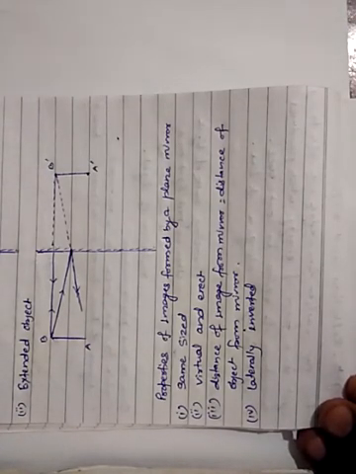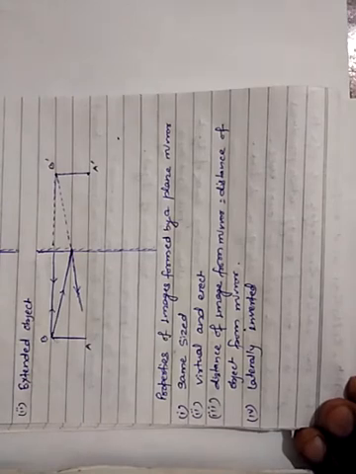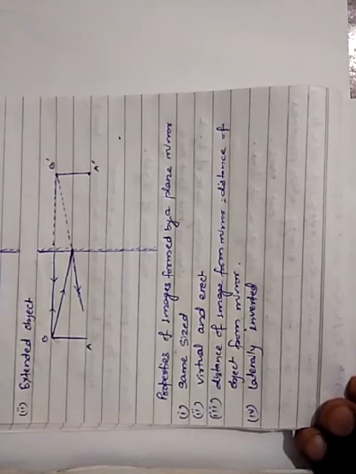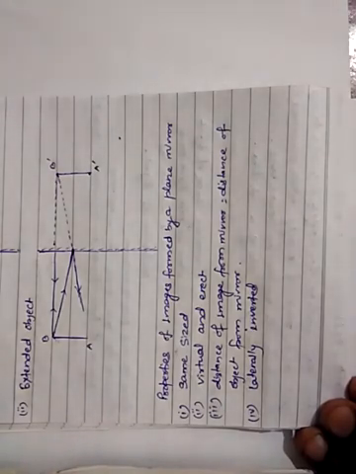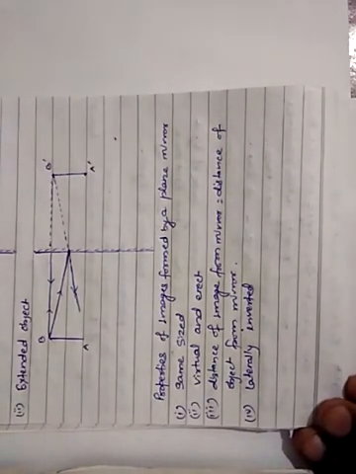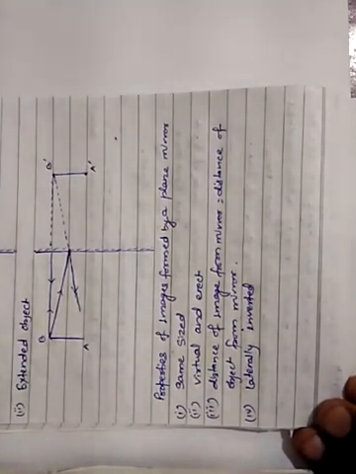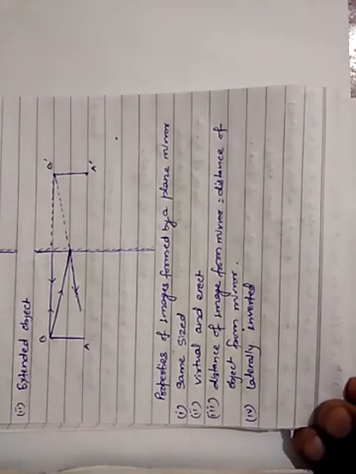You place yourself in front of a plane mirror. It is a well known fact. Or consider, let us suppose in your shirt there is a pocket on the left side, but when you see the image, the pocket will be on the right side.